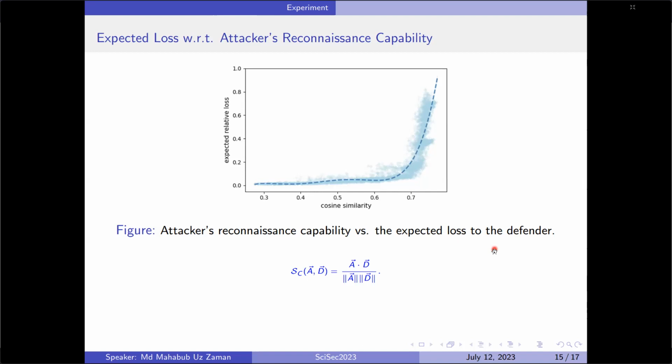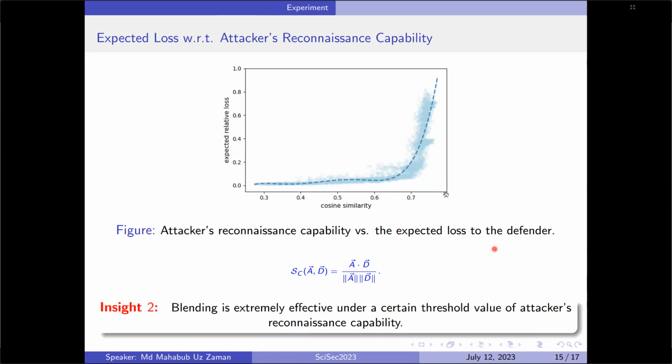From that, we see that after a cosine similarity of 0.7, there is a peak. But before 0.7, it was very stable and the expected relative loss is very low. So we can say that blending is extremely effective under a certain threshold value of the attacker's reconnaissance capability.